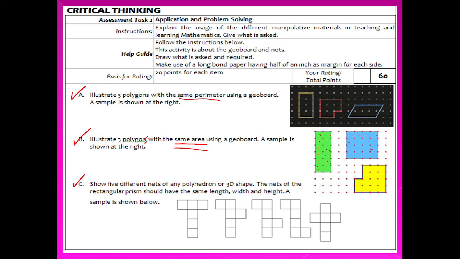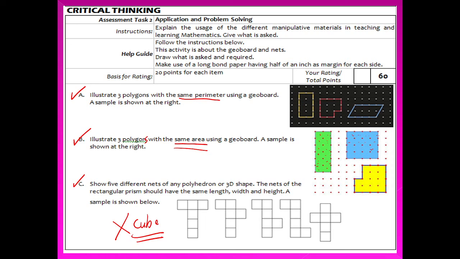Ang letter C is this. Kamoy maghimo og mga nets. Ayaw na ning cube. Again, ayaw na ang cube. Kaya ang cube nahatag na nako. You can use a rectangular prism. You can use a triangular pyramid.